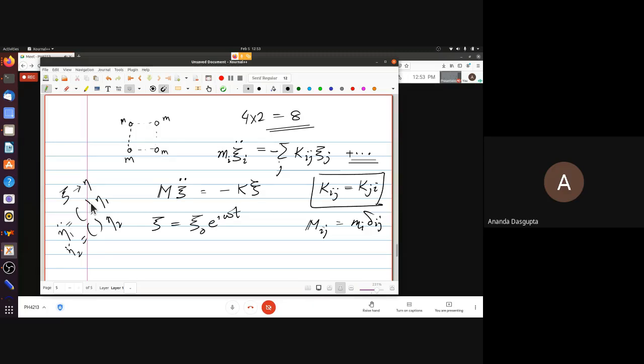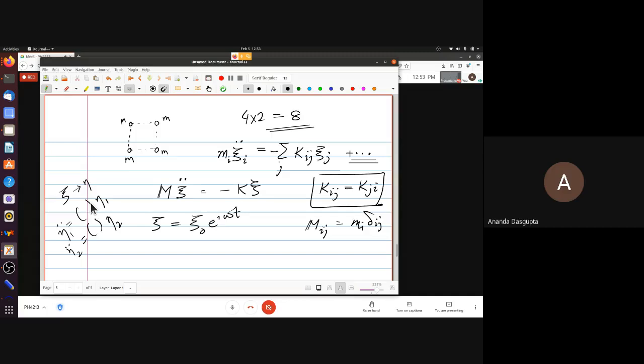Then of course what will happen is there will be no eta 2, eta 3, eta 4, only eta 1 will be oscillating. But xi 1, xi 2, xi 3 are linear combinations of eta 1, eta 2, eta 3. So if only eta 1 is non-zero and all the others are 0, then xi 1, xi 2, xi 3 will all be oscillating with the same frequency.